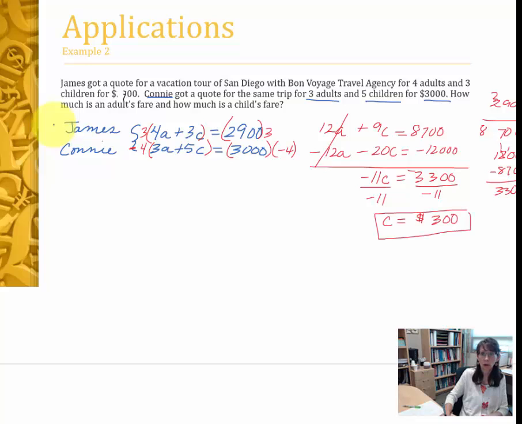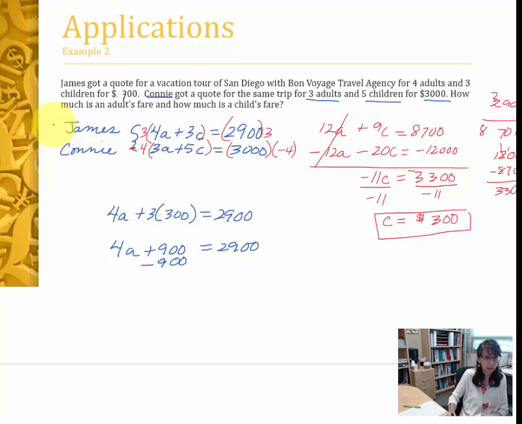Now that we know the cost of the children's tickets, we can go back to either one of those original equations and make the substitution. So 4a plus 3 times 300 equals 2,900. 4a plus 900 equals 2,900.